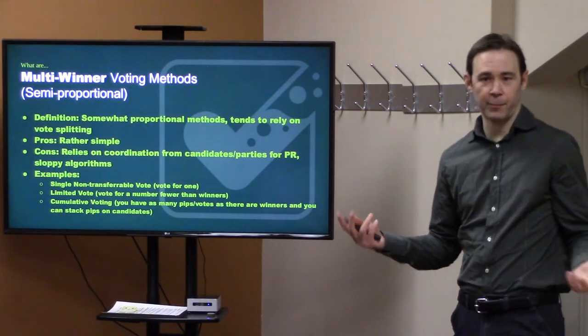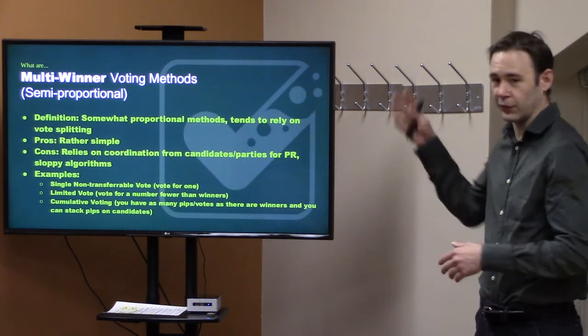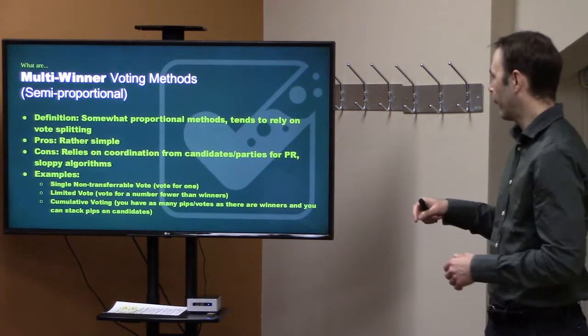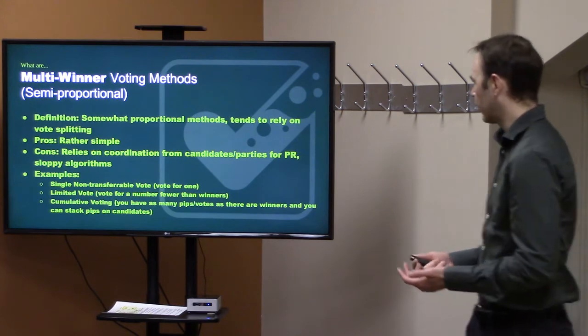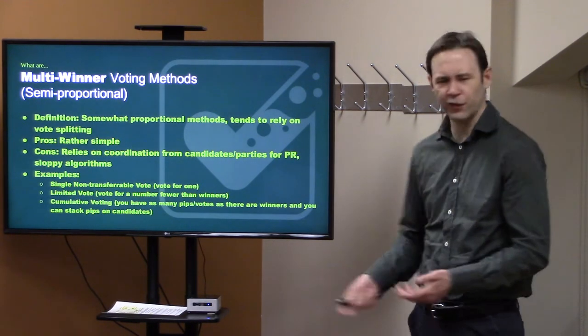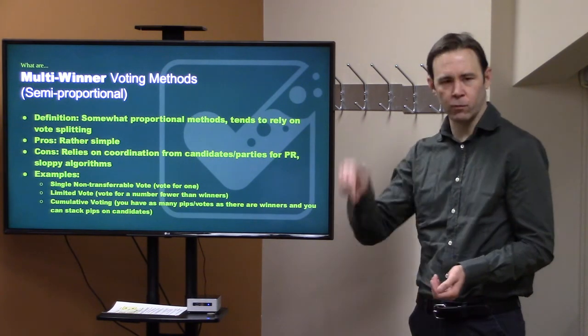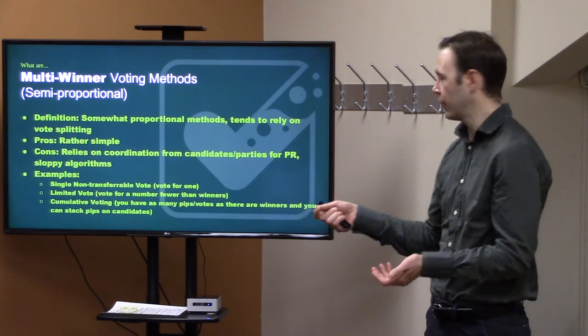So that was block methods. Block methods are the easiest ones. There you just add them up. And semi-proportional methods, there are a few different kinds here. There's single non-transferable vote, which is a pretty simple one. You just pick one candidate, even though there are more seats to be filled.